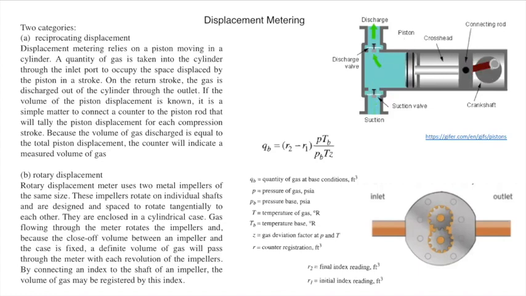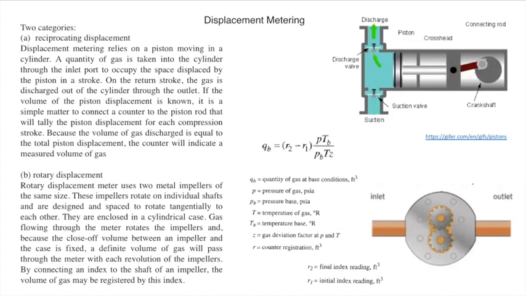So the number of strokes taking place during the measurement will decide how much gas has come in and is being recorded, right? Each stroke is a definite stroke measuring the amount of flow coming in. Suppose x meter cube of gas has come in and is recorded by one stroke. You have to record the number of strokes over a period of time.